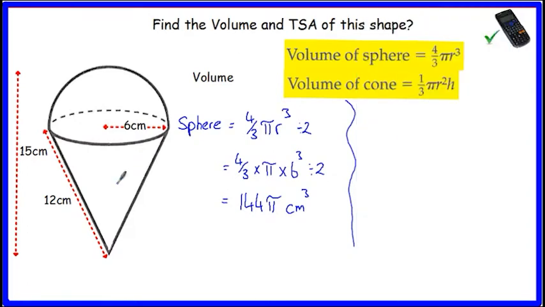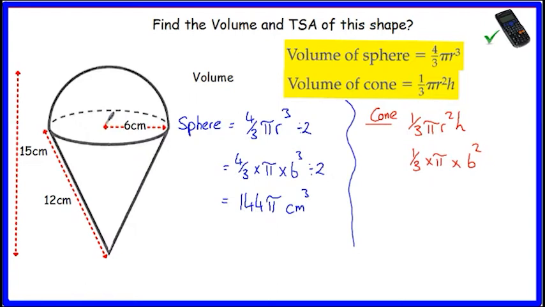Okay, the volume of the cone. You're given that again, so the cone is 1/3 pi r squared h. So that's 1/3 times pi times the radius is still 6 squared, then the height.